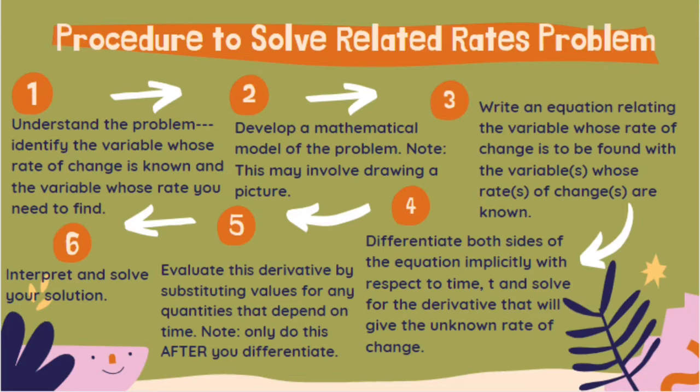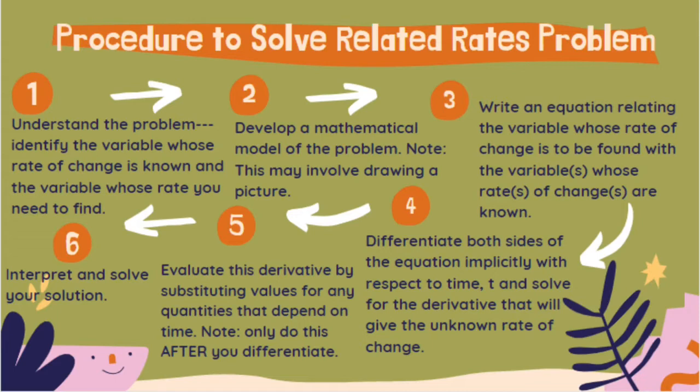You can draw a picture to make you understand more. Thirdly, write an equation relating the variable whose rate of change is to be found with the variables whose rate of change are known. Fourthly, differentiate both sides of the equation implicitly with respect to time and solve the derivative that will give the unknown rate of change.